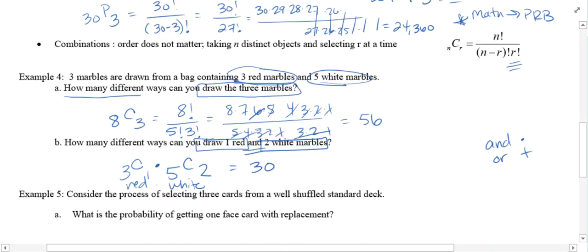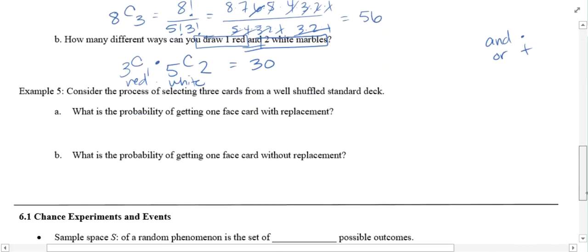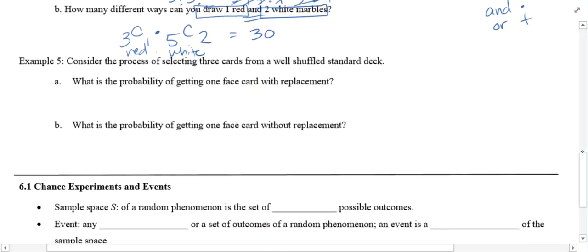All right, example 5. Card situations come up in this chapter a little bit, so we'll just do the breakdown right now. There's 52 cards in a deck. Not everybody is familiar with a deck of cards.